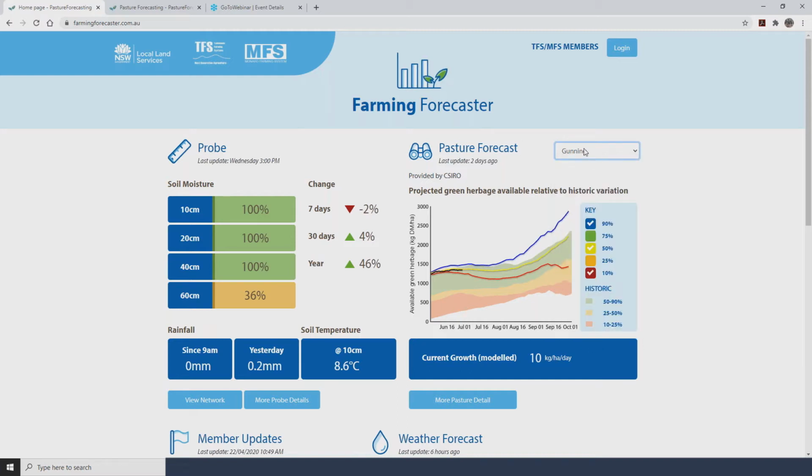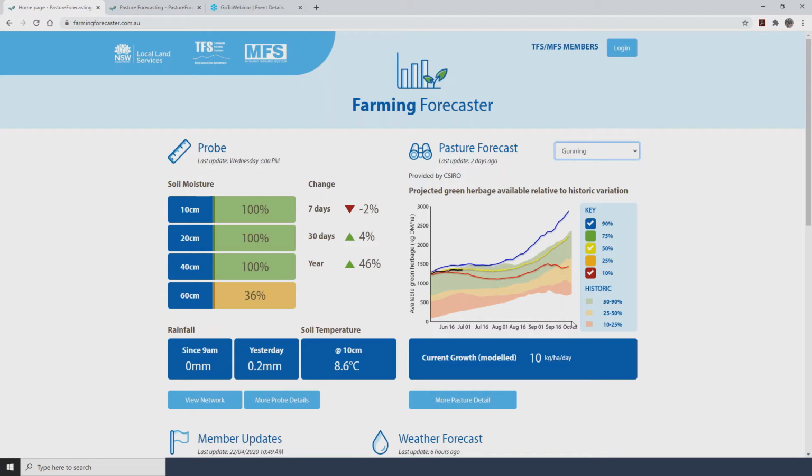At the moment, I'm going to use Gunning as an example. Gunning is near Goulburn on the Southern Tablelands, and this pasture forecast covers from the 1st of June through till the end of September.